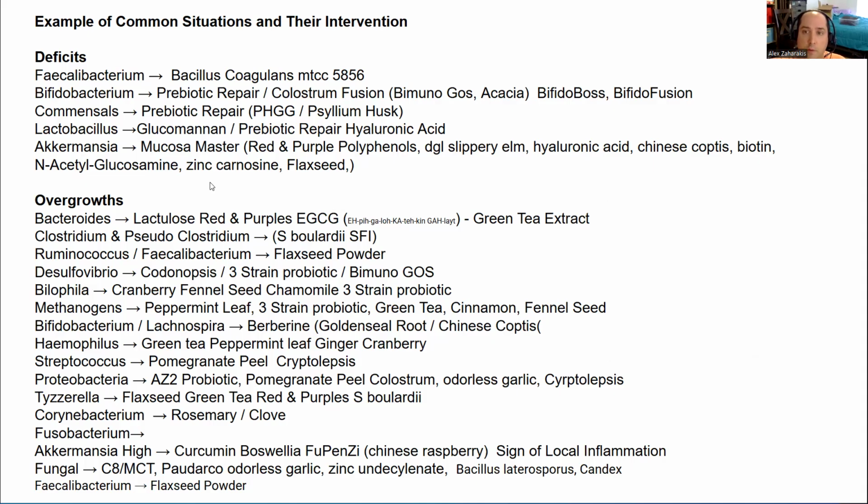For deficits of bifidobacterium, the most effective and safest prebiotic is going to be Biomedical, particularly because it doesn't encourage Bacteroides to grow. There are other things like HMO, human milk oligosaccharide, that also increase bifidobacterium. However, they tend to emphasize other things.